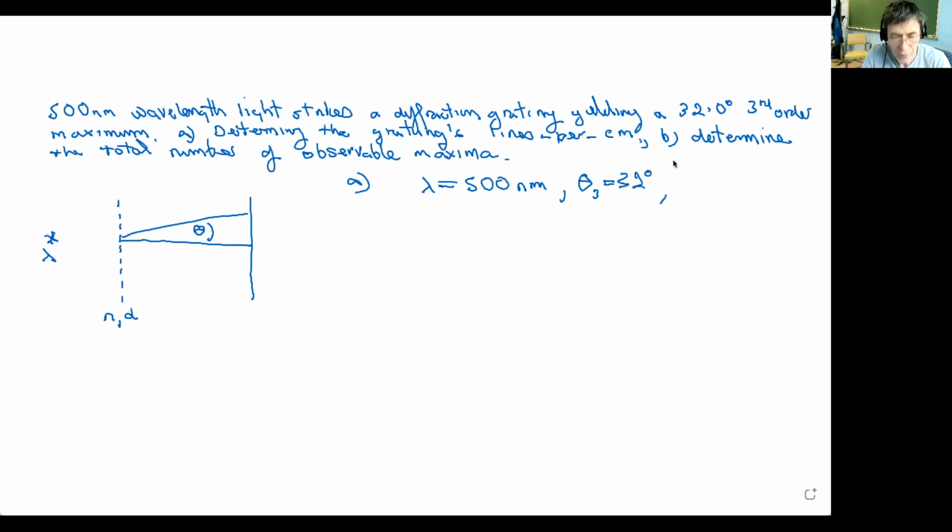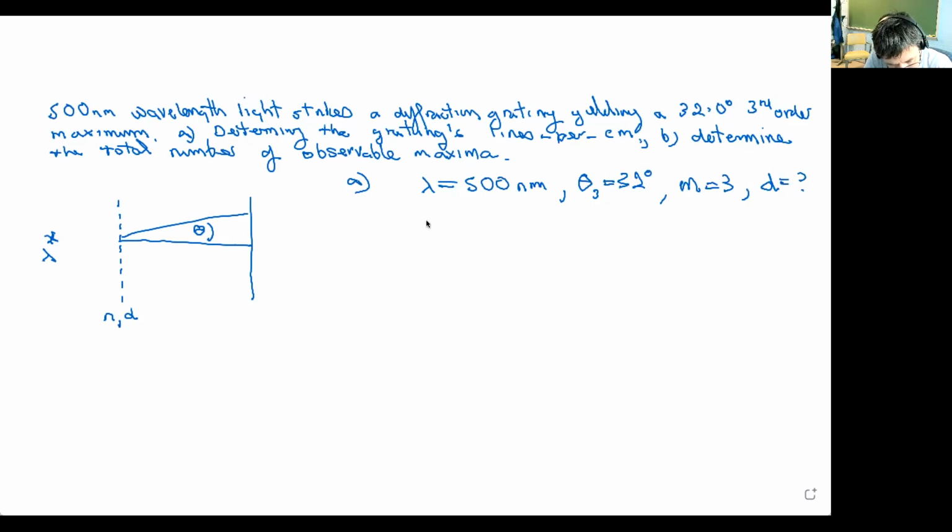And finally, we know that this is the third order diffraction maximum. So we know that integer m that labels the diffraction maximum. And our first task is to actually calculate the separation between lines, separation between slits.